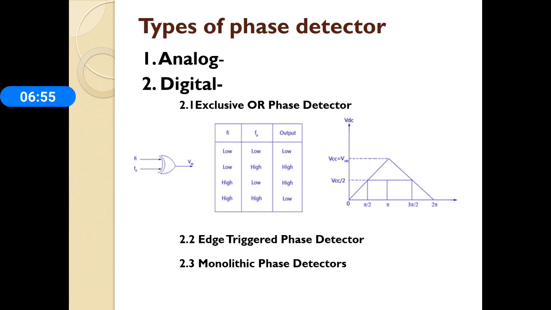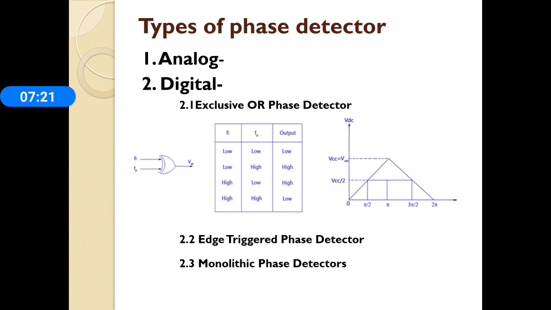Obeying the XOR concept, the outcome becomes high only if either of the inputs Fi or F0 becomes high. All other conditions produce a low output, where Fi and F0 have a phase difference of theta degrees. Thus the DC output voltage of the comparator will be a function of the phase difference between its two inputs.